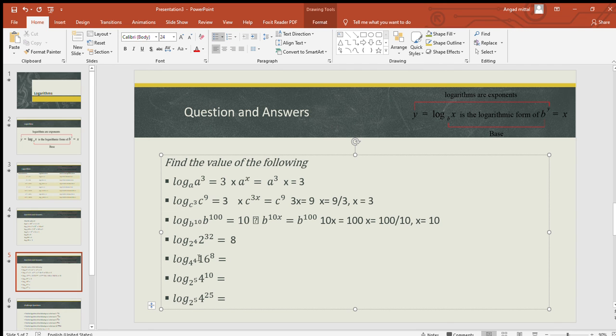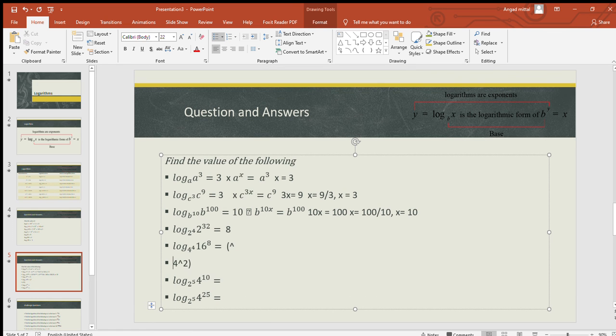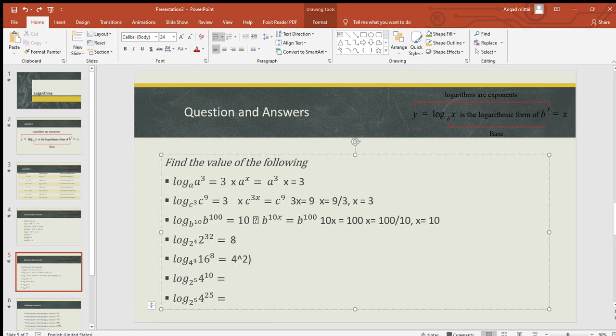So now this gets converted into 4 raised to the power 2 in brackets raised to the power 8. So now the exponents multiply and it becomes 4 raised to the power 16.